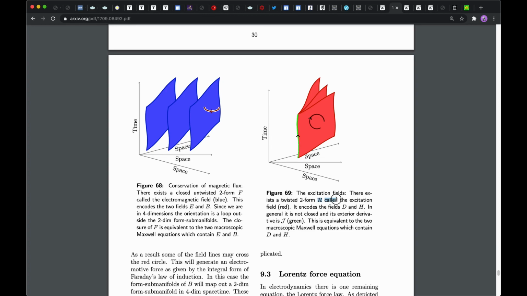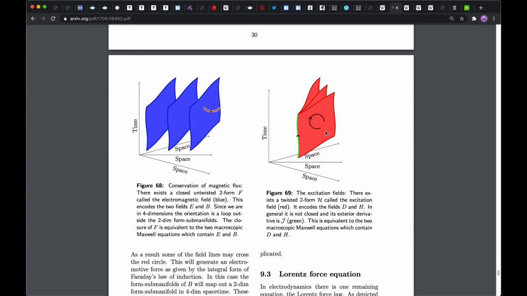Here we have the H form, which has electric flux distributed over space called D, and it also has magnetic field strength H over the time components. And this tensor F contains E and B, so kind of the dual case.